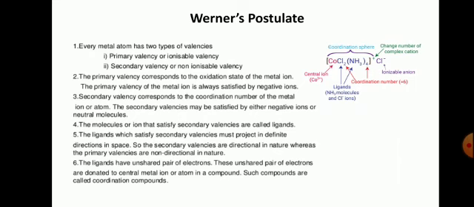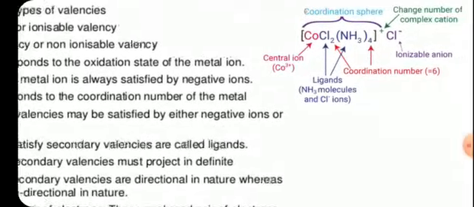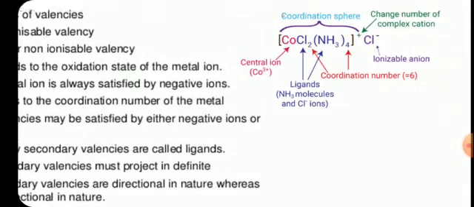One is the normal oxidation state of the central atom, and the other is the coordination number. As you can see in the diagram, in this complex, the square bracket is the complex ion. The central atom is cobalt. Its oxidation state is +3. That means it has lost 3 electrons to form this compound. Then there are 6 ligands attached to it. The 6 ligands is nothing but the coordination number. Coordination number is the number of ligands attached to the central atom.